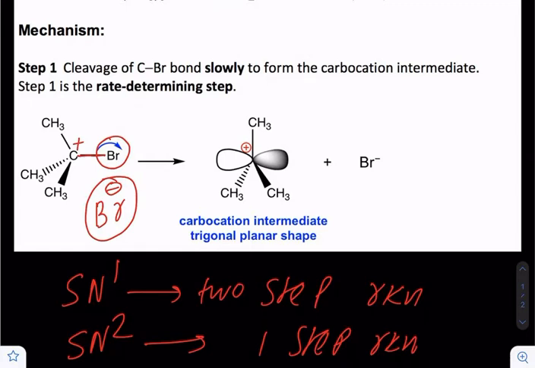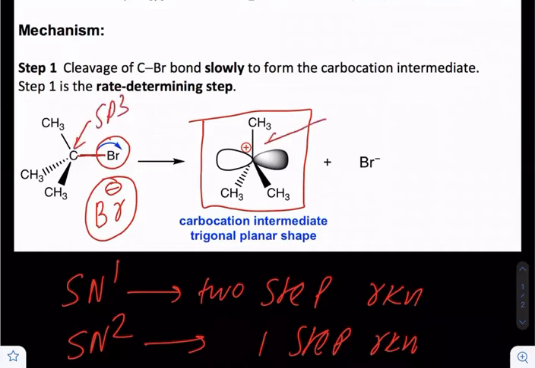So we have a carbocation intermediate here. One key thing to understand is that we are going from an sp3 carbon to an sp2 carbon.